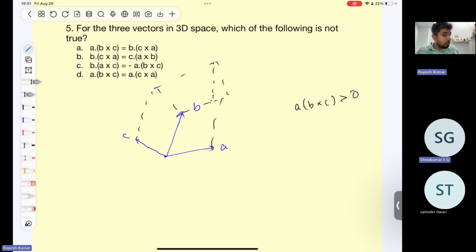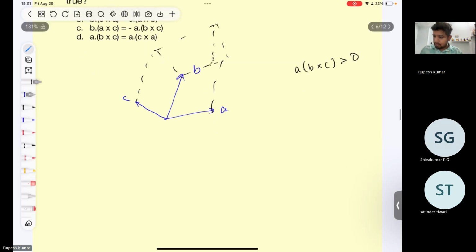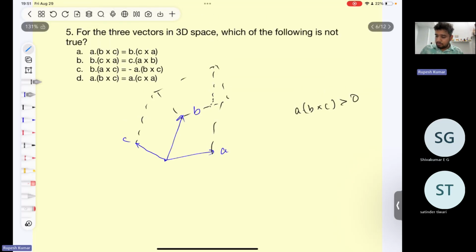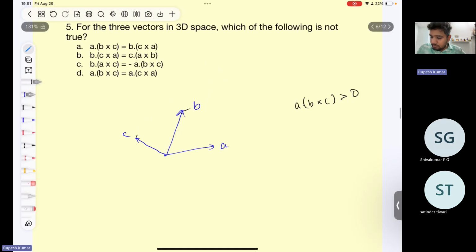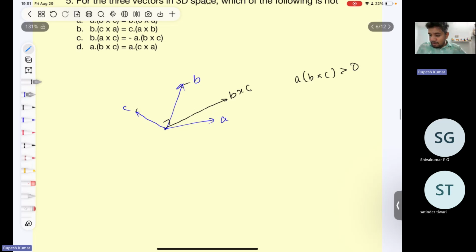Now what is B dot C cross A? You have already seen this as the scalar triple product in the lectures, but again, let me show it. So this was your B cross C vector, perpendicular to this plane.